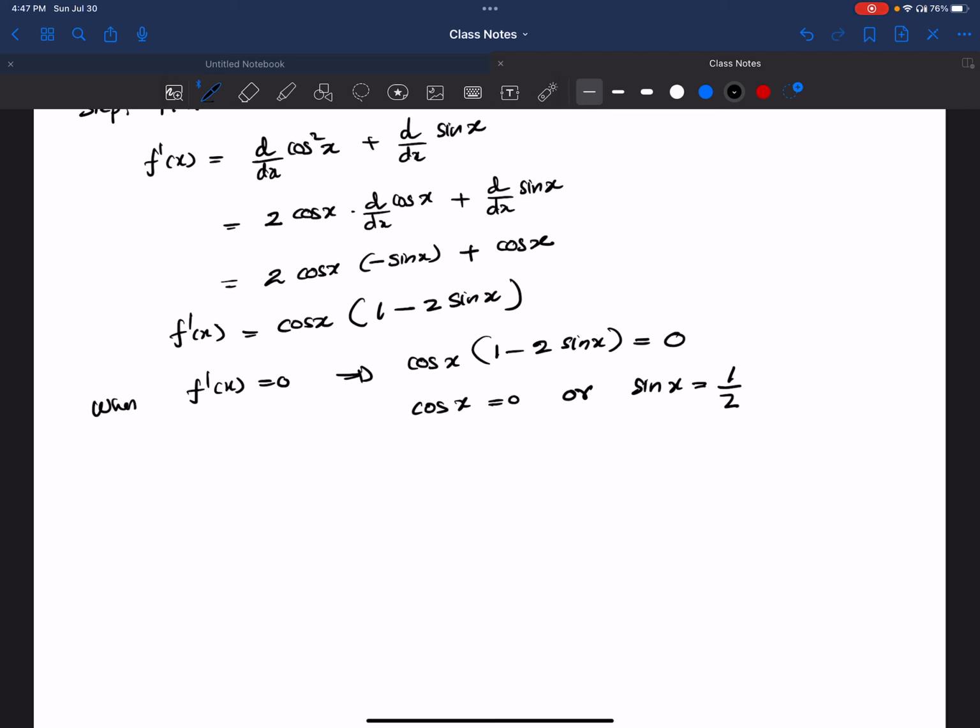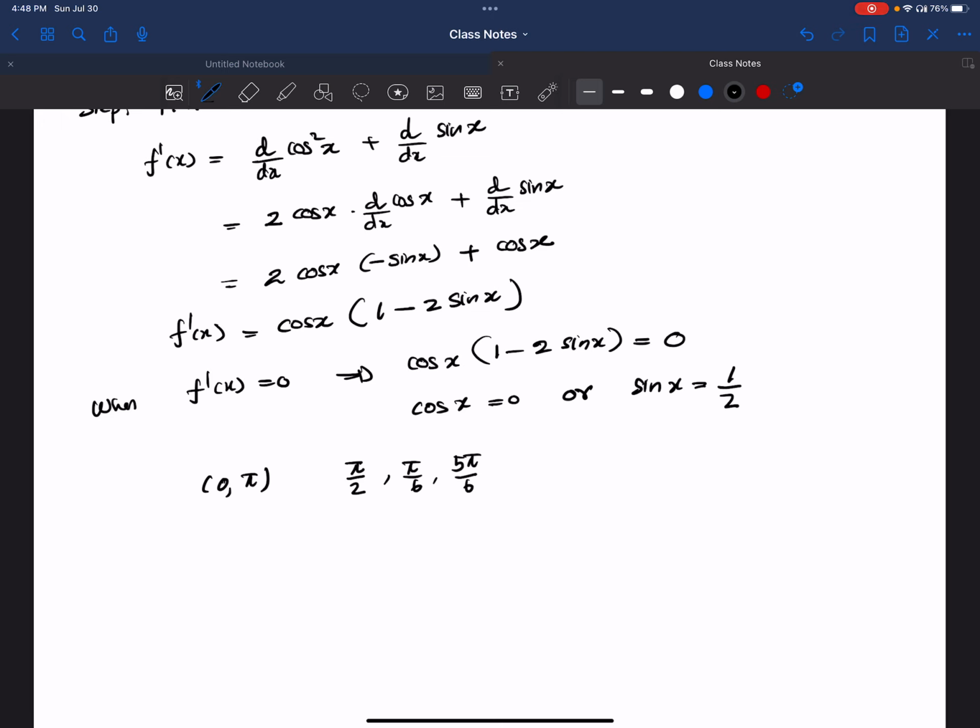So when cosine x equals 0 in the interval of 0 to pi, cosine x could be 0 at pi over 2, and sine x could become half at pi over 6 and 5 pi over 6.